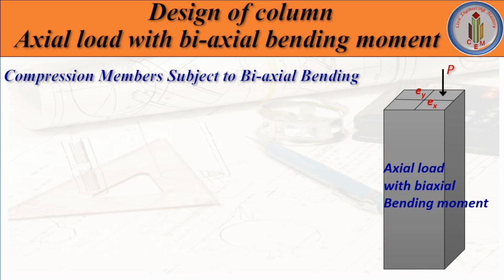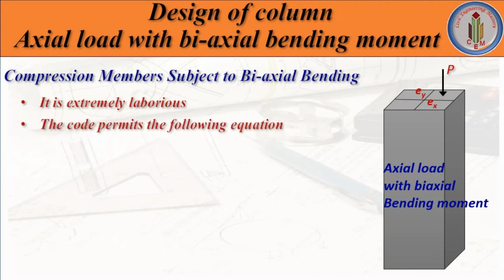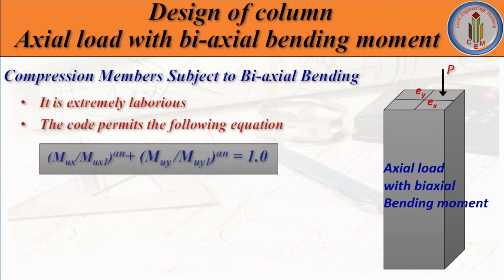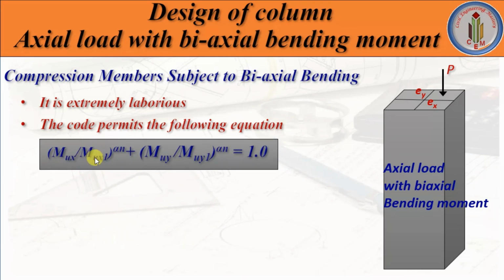Next, let's see the formulas as per SP16. Exact design of a member subjected to axial load with biaxial bending moment is extremely laborious. So the code permits the following equation: (Mux/Mux1)^αn + (Muy/Muy1)^αn = 1.